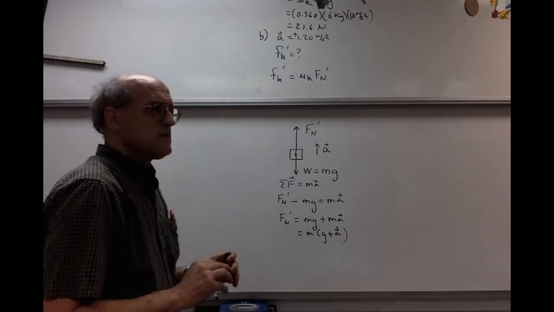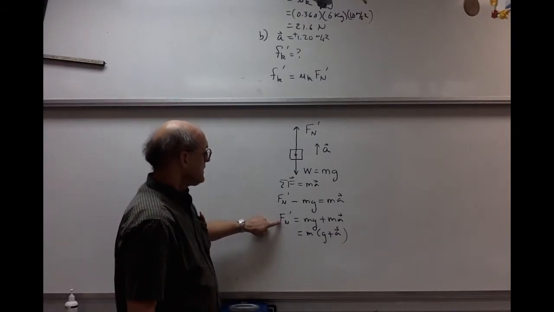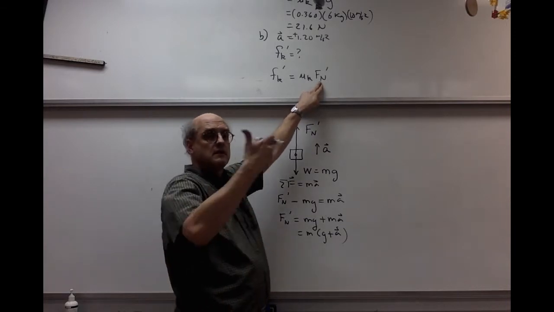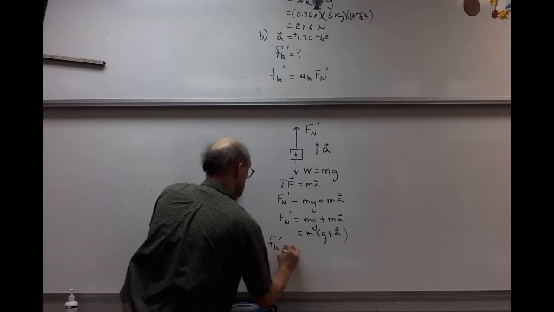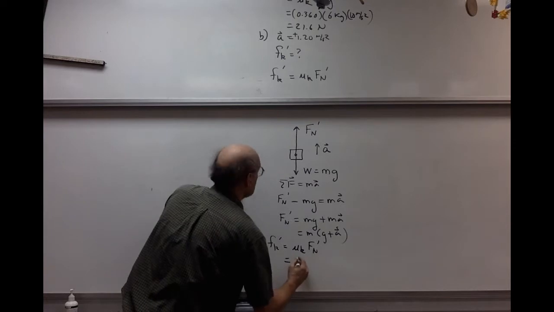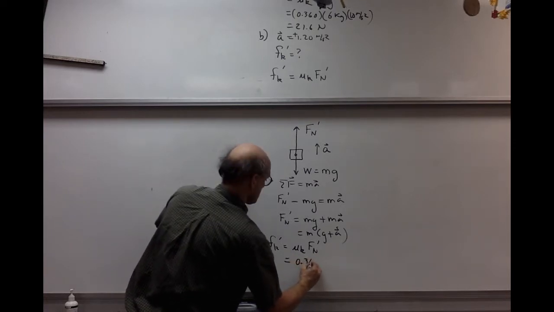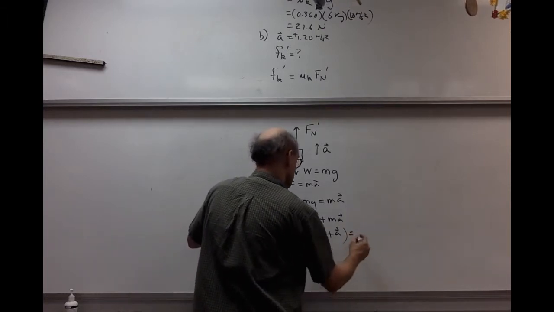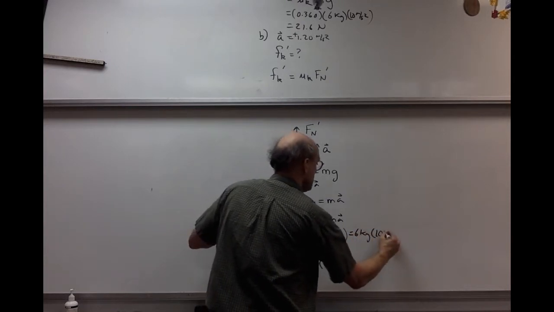Now, since that's what the box feels it weighs, that is what we insert into here, because that's the upward normal force on the box. So Fk then is equal to mu k times the normal force prime. So we have 0.360 times this value here. So let's see, we have the mass, 6 kilograms. G is 10 meters per second squared.